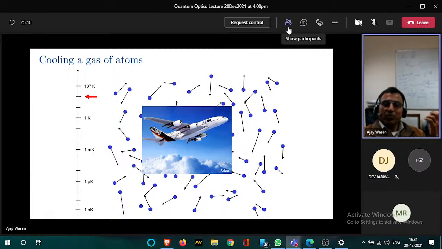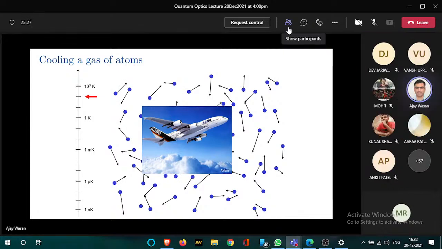Fighter planes go to 2 Mach, 3 Mach, 4 Mach. We say if they are twice the speed of sound, it is 2 Mach, 4 times the speed of sound, we say 4 Mach. You must have read Mach. These are our fighter planes.